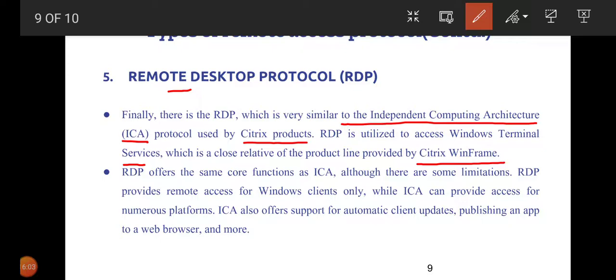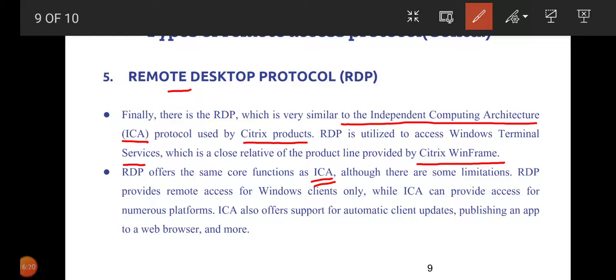So it offers core functions such as independent computing architecture, through which you will be able to perform almost all functionalities which you are capable of doing in your own system.